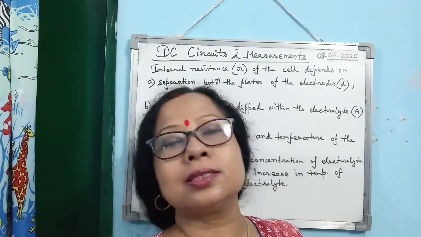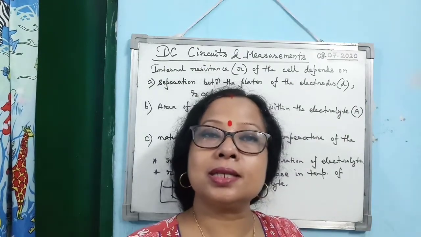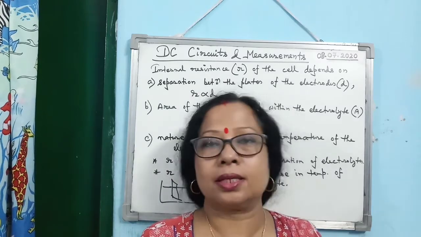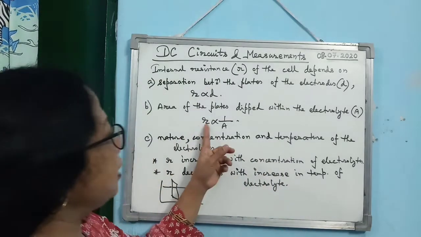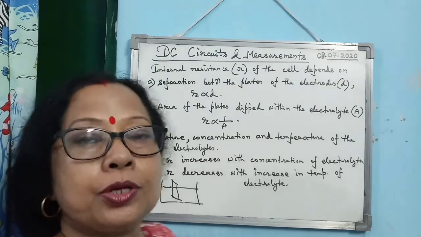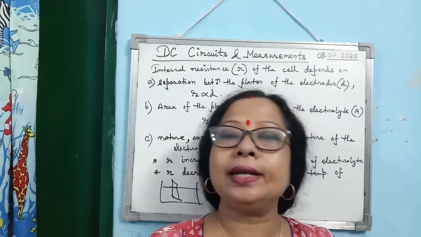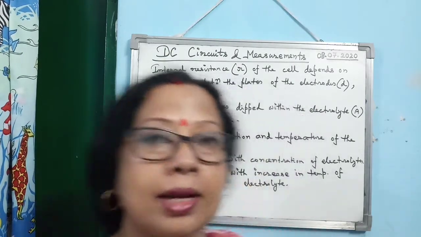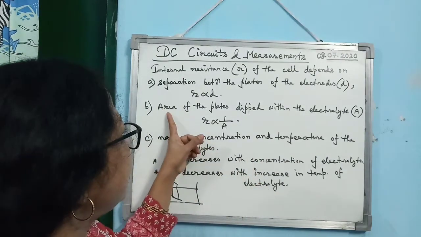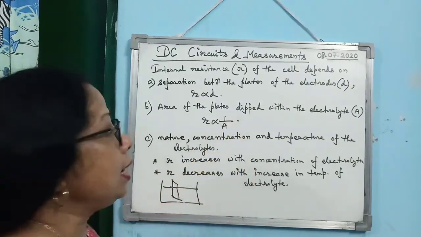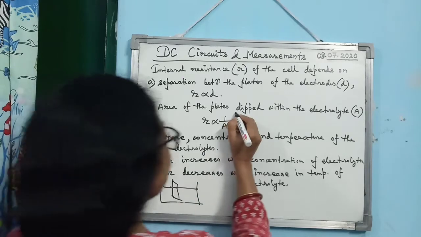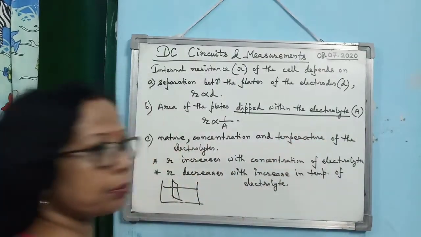Current increases means internal resistance is decreasing. So internal resistance is inversely proportional to the area of the plate dipped within the electrolyte. Don't make the mistake, never write only area of the plate. Write area of the plates dipped within the electrolyte, this is important.